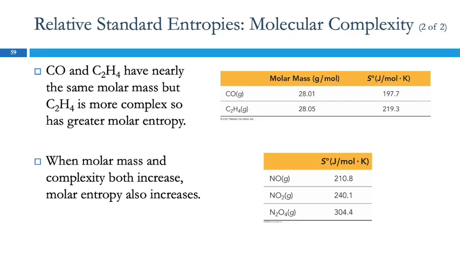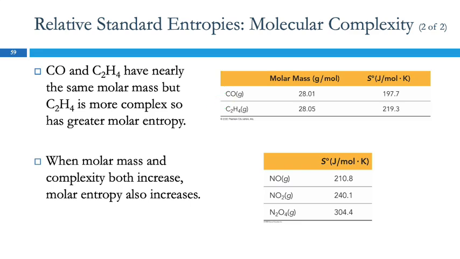Some more examples. Here looking at carbon monoxide and ethene, C2H4. Molar mass, almost identical. But C2H4 has a higher molar entropy because it's more complex. How can we tell that it's more complex? It's got more atoms in it, right? So carbon monoxide has one bond between carbon and oxygen.